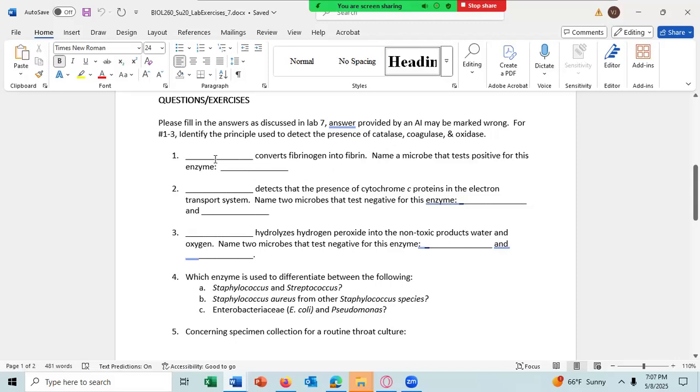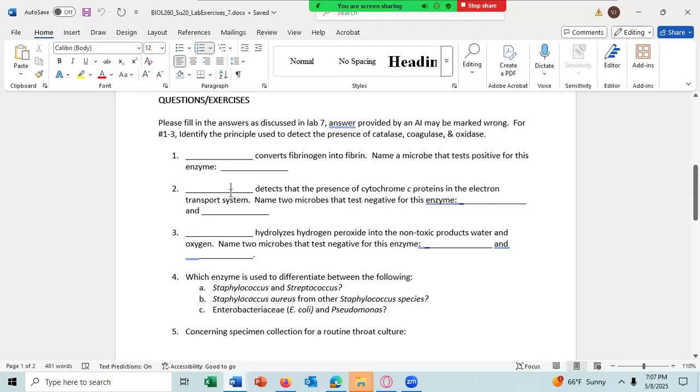And 1A, what enzyme converts fibrinogen into fibrin? And then 1B, name a microbe that tests positive for this enzyme. If you give an enzyme which is not mentioned in this lab, that you got from AI, like I stated, it may be marked wrong. So you must use something we've talked about in this lab.